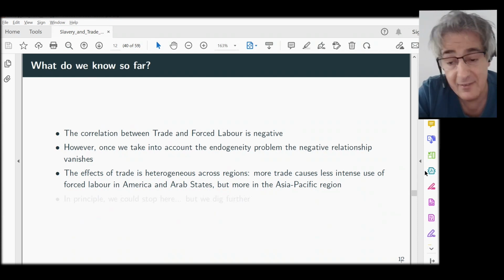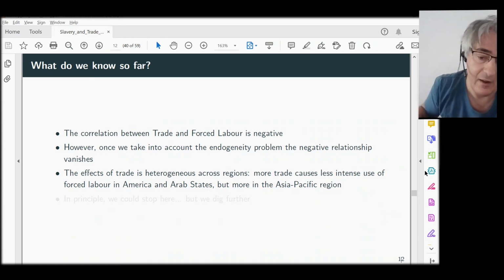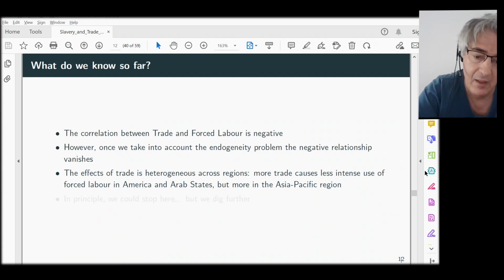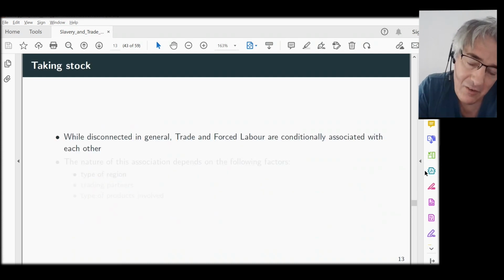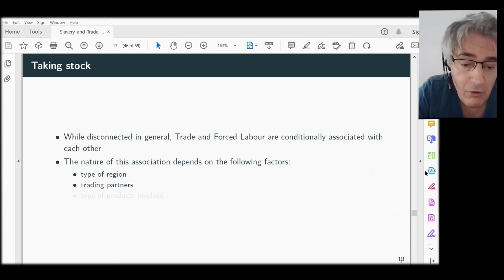More trade causes less intense use of forced labor in the Americas and Arab states, but more in the Asia Pacific region. So this relationship between trade and forced labor appears to be disconnected in general, but we know now that it is conditionally associated, and the factors that are conditioning this relationship are the type of region and the trading partners.